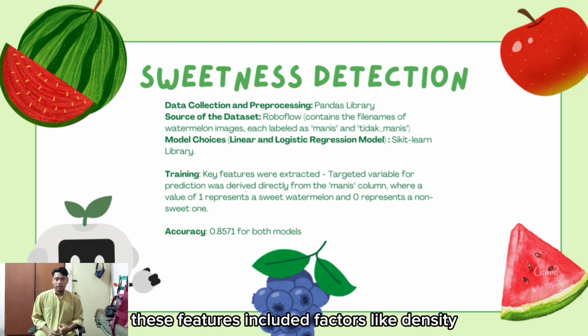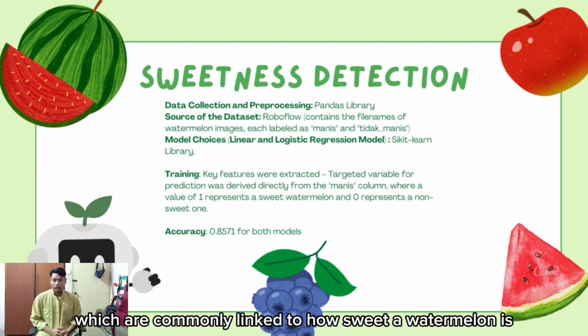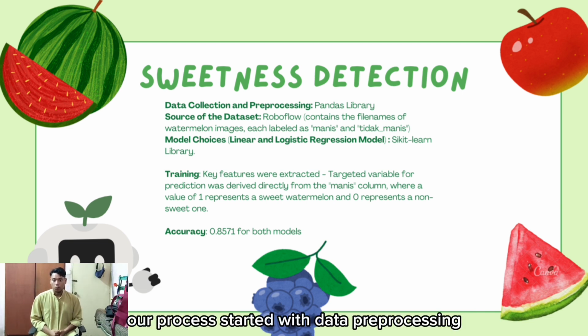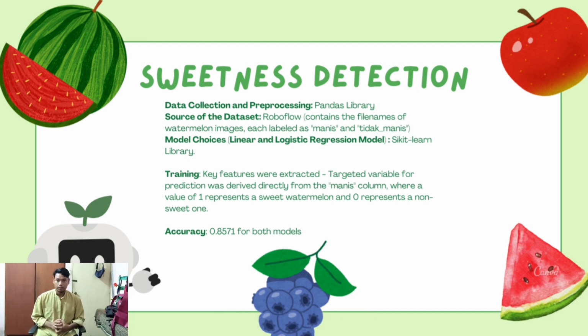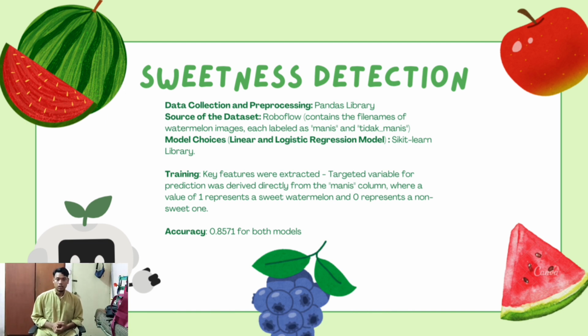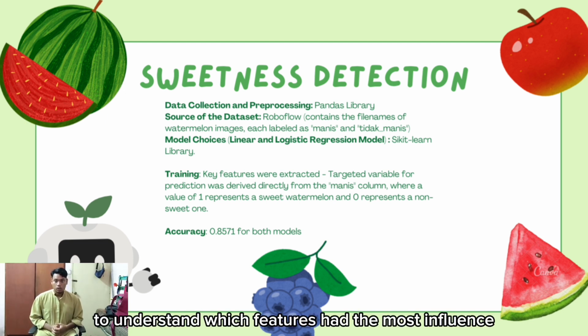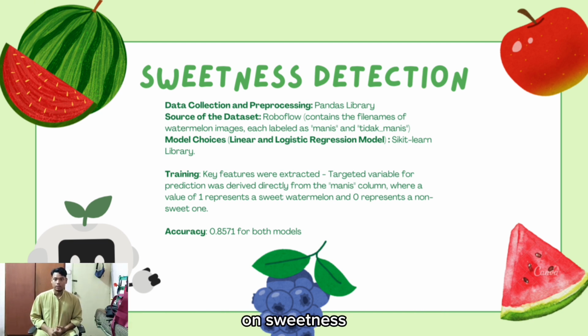These features included factors like density, color, and possibly sugar content indicators, which are commonly linked to how sweet a watermelon is. Our process started with data pre-processing, cleaning the dataset, handling any missing values, and analyzing the feature distributions. We visualize correlations between variables to understand which features had the most influence on sweetness.